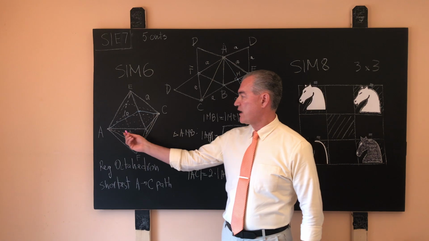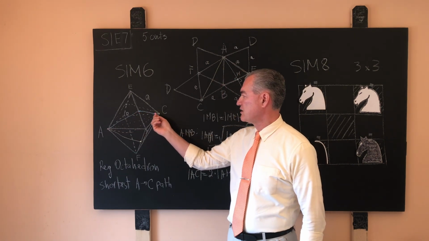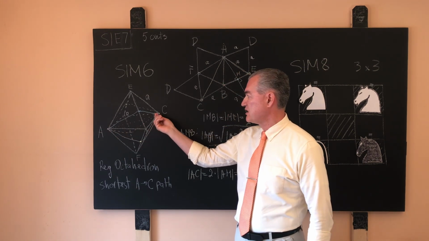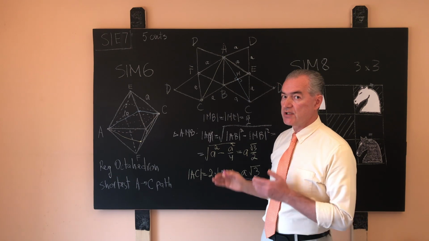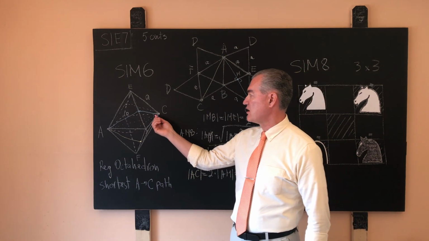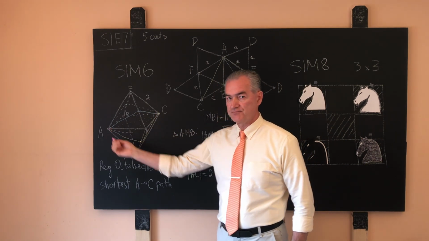For example, a shortest path that is blue from here to here and to here, in other words, a shortest path from the vertex A to the vertex C, is also, due to the symmetry of this particular situation, a shortest path from C to A in the opposite direction.